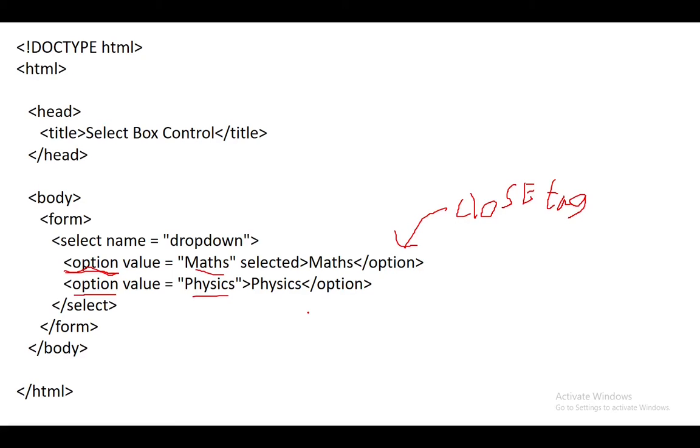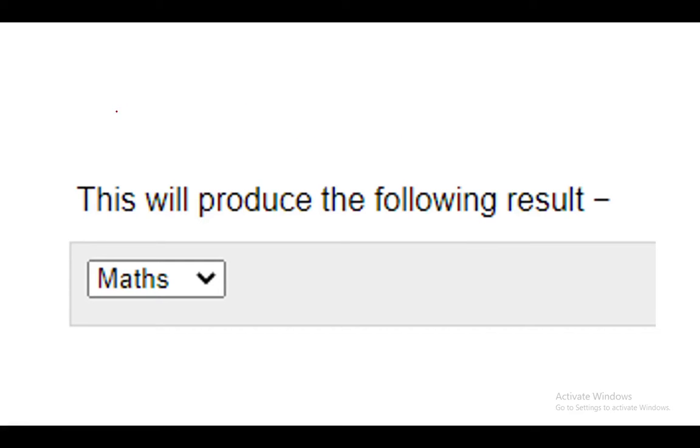Some don't, like images, like input, like break, like HR, which gives us a straight line. That's HR. It doesn't have a closing tag. There are many others, so just find out which ones have the opening and closing tag. This is how it's going to look like before you click it and you have a drop down.